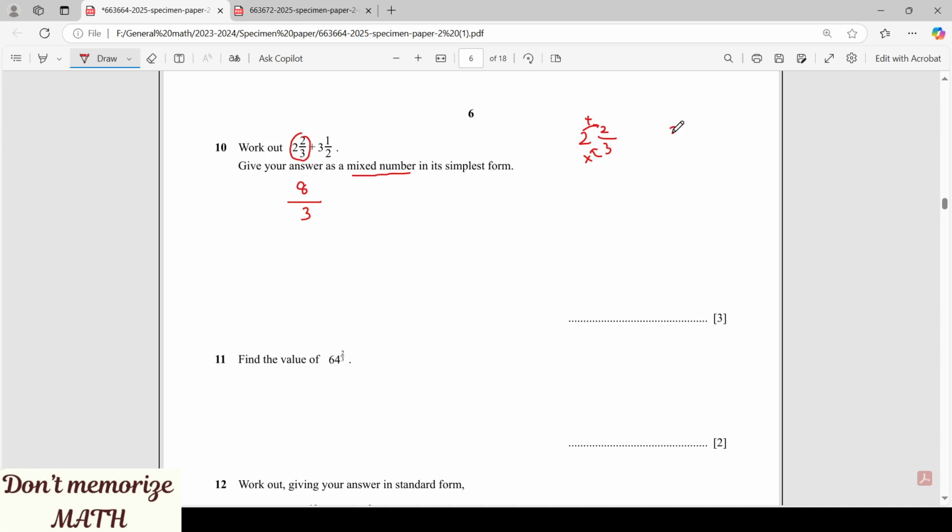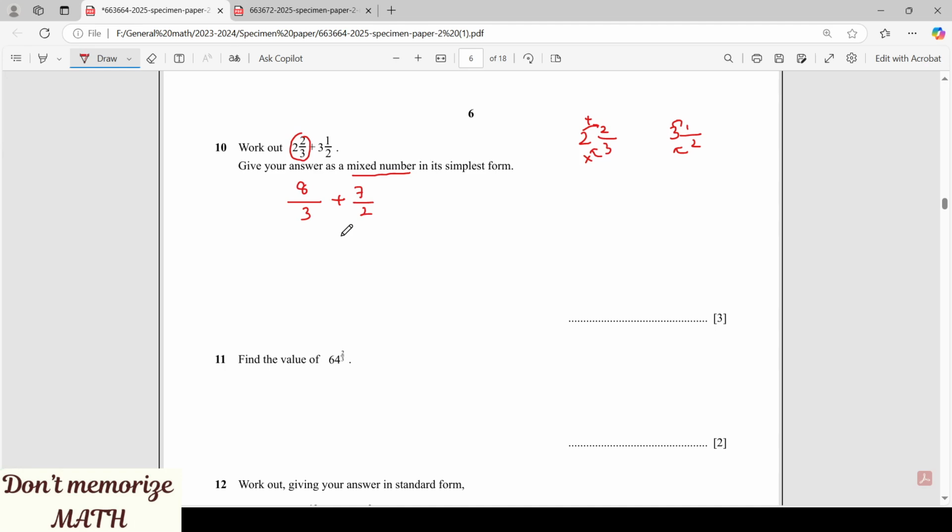Next, 3 1 over 2: multiply and add. 2 times 3 is 6, 6 plus 1 is 7, so 7 over 2. Then for adding fractions, you can make the denominator the same, giving 6 as a common denominator.